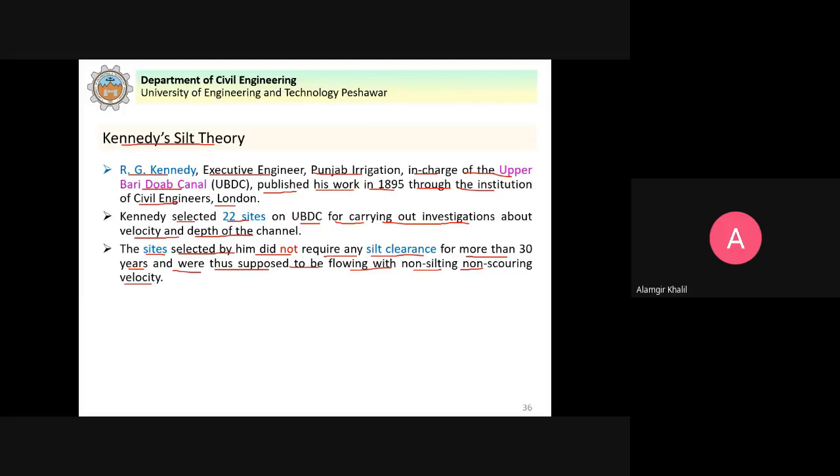These sites on the Upper Bari Doab Canal in Punjab, Pakistan, were supposed to be flowing with non-silting and non-scouring velocity.